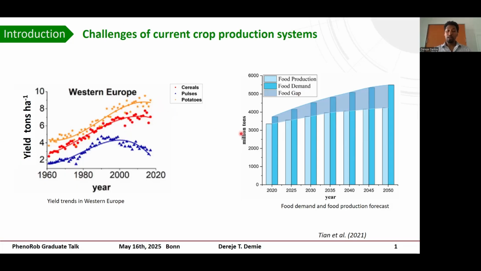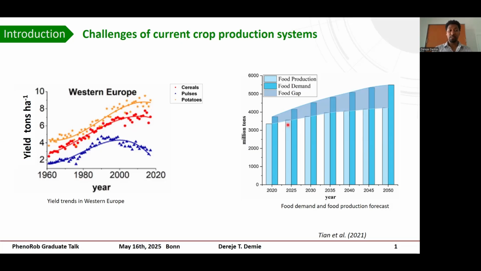However, due to global world population increment, there is also food demand, and it was forecasted that food production has to be increased by 26% in 2050 compared to the current level to fulfill the demand.